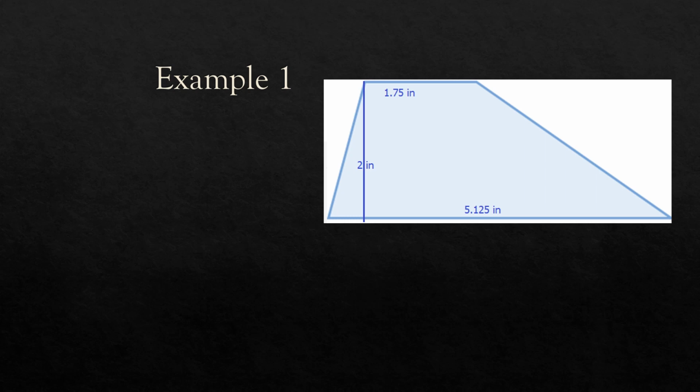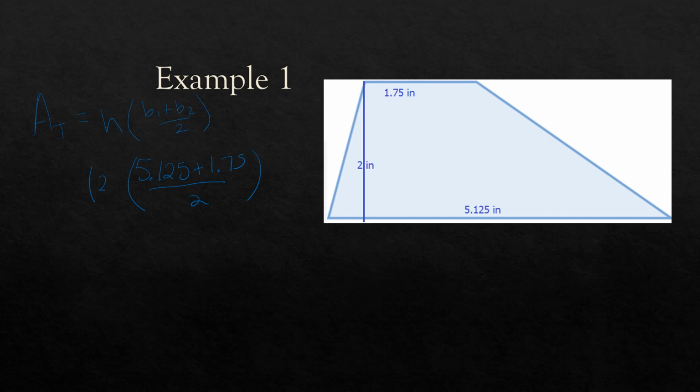So what is the formula for the area of a trapezoid? It's the height times the average of the bases. That's how I like to think about it. It's the bases added together, 1/2, and then the height. So here we have all those measurements. We have the bottom base at 5.125, and we have the top as 1.75. So we average those, or add them together and divide by 2.